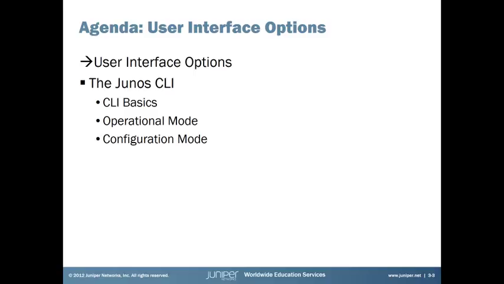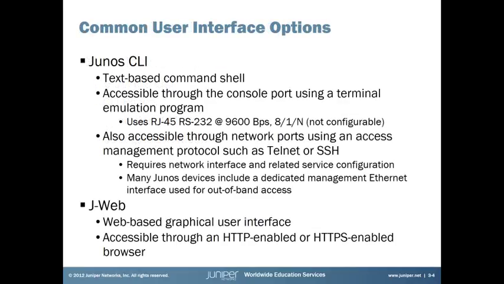Okay, so there's a very similar concept here, where we've got operational mode, we can monitor the device, see what's happening, look at the status of things, and then we've got configuration mode where we can go in and make changes. So same concept. The Junos CLI is text-based as we're used to, so it's very similar in a lot of ways to Cisco's IOS.